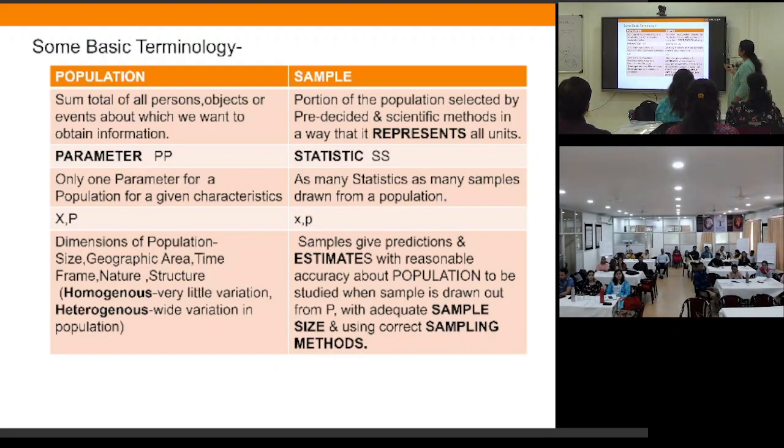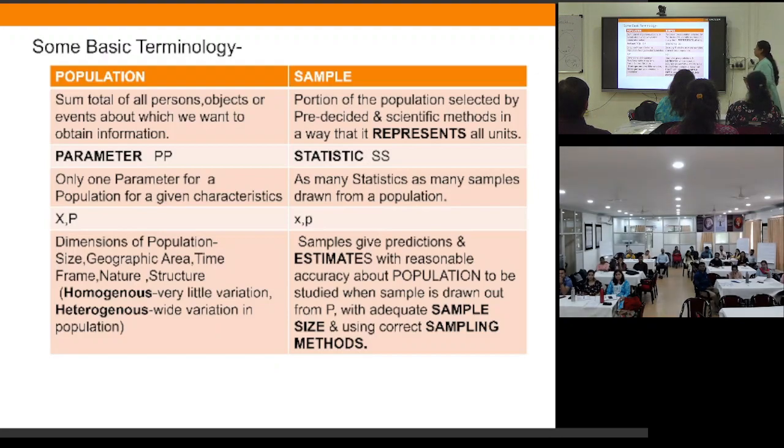This population has various dimensions. You describe the population, or the sample you are taking, according to size, geographic area where it belongs, time frame when you are doing the study, nature, like whether it is a migrant population or a stable population, and structure, meaning whether it is a homogeneous or a heterogeneous population. A homogeneous population has very little variation, a heterogeneous one has wide variation.